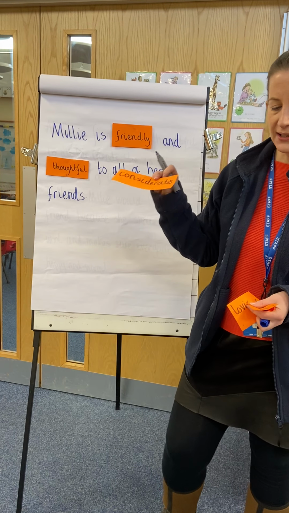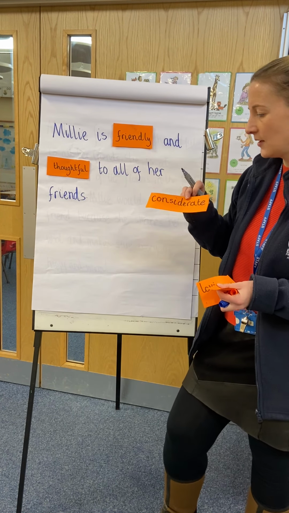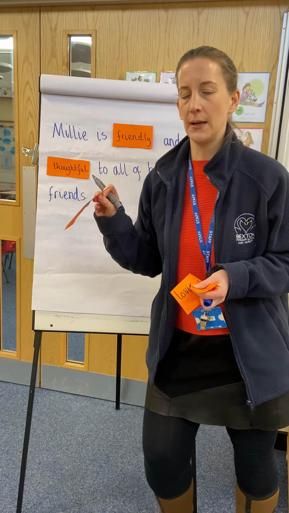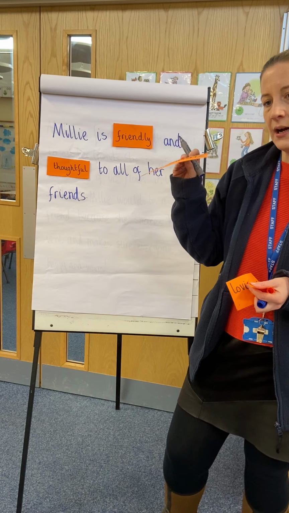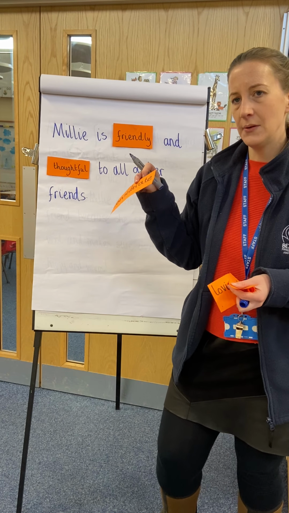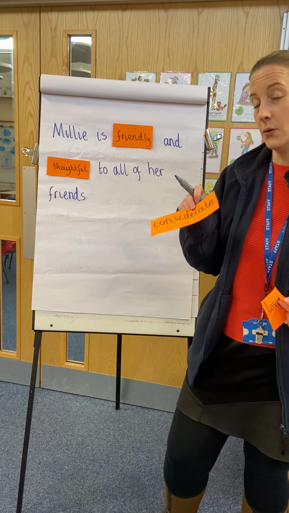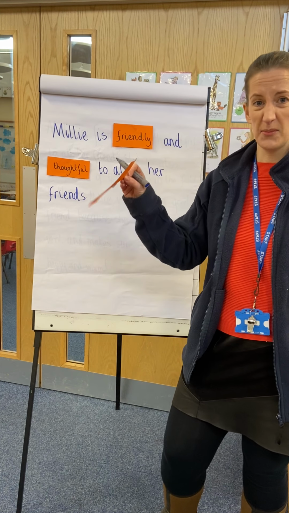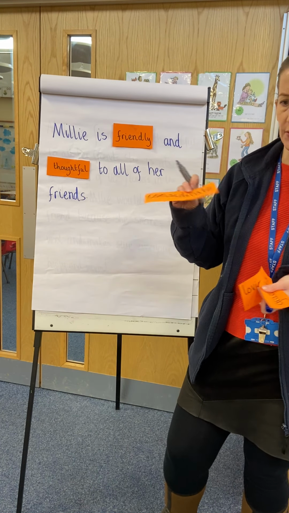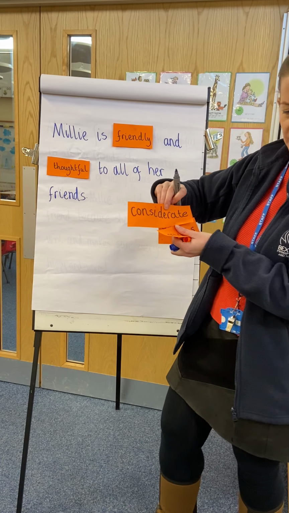I just really want to use this word, considerate. When I think about the story, and I go back through the PowerPoint in my mind of that story, I remember that at the very, very beginning, before she'd given her wool away, she was really thoughtful about all the environment around her, so she didn't want to tread on the flowers. So I'm going to use that word considerate there.